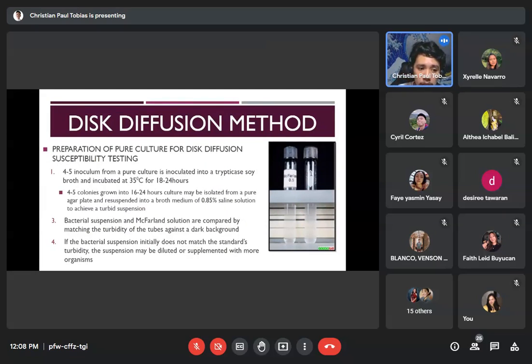So bacterial suspension and McFarland solution are compared by matching the turbidity of the tube against a dark background. If the bacterial suspension doesn't initially match the standard, pwede mong i-dilute or pwede mong dagdagan ng bacteria. I-dilute mo kung mas turbid siya, or lalagyan mo ng another colony of bacteria kung masyado naman siyang diluted, just to match yung McFarland standard natin.